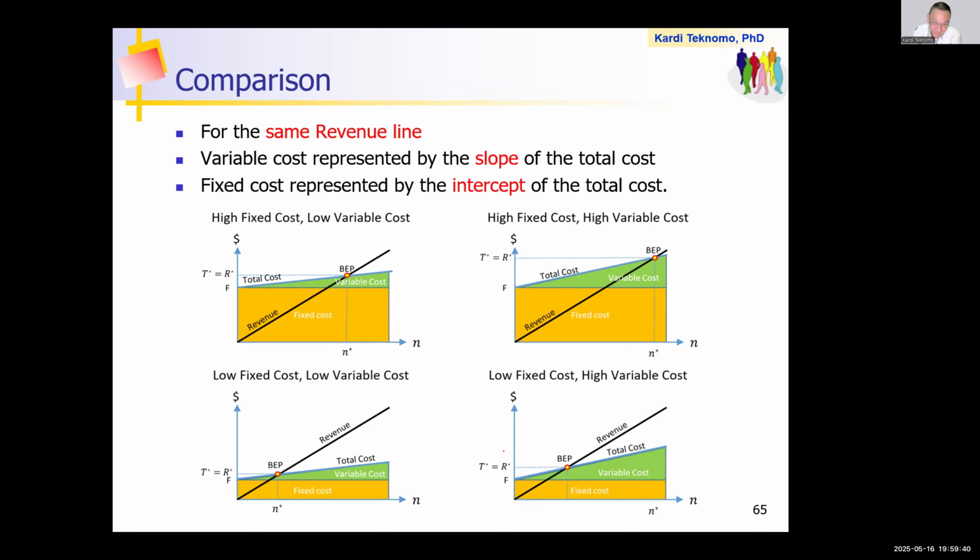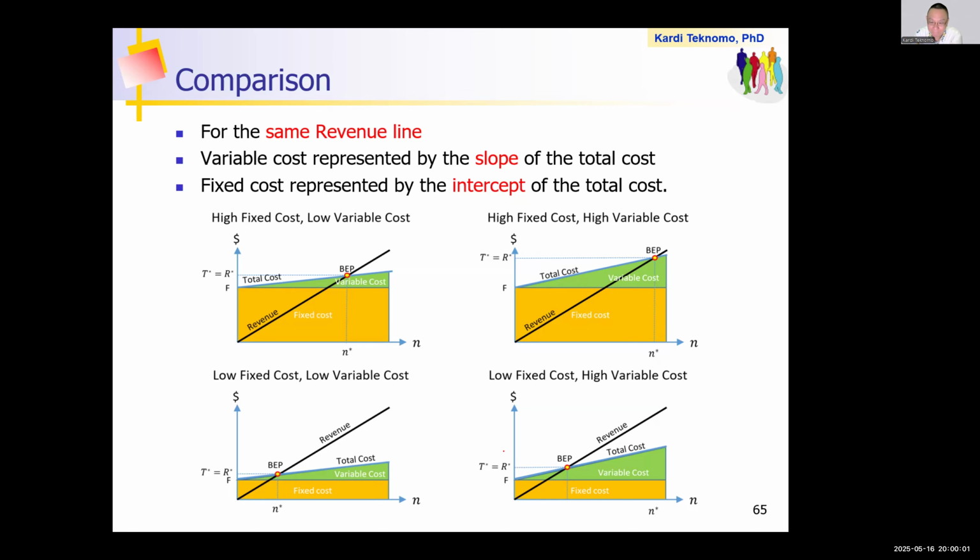If I'm going to be the business owner, I will choose the lower left, low fixed cost, low variable cost. Yeah, the ideal one is lower fixed cost, lower variable cost.